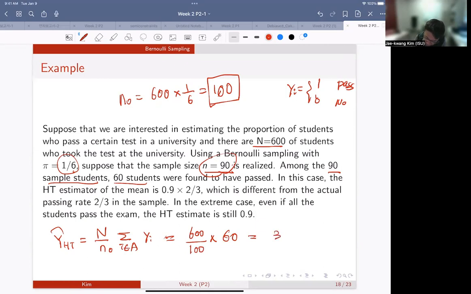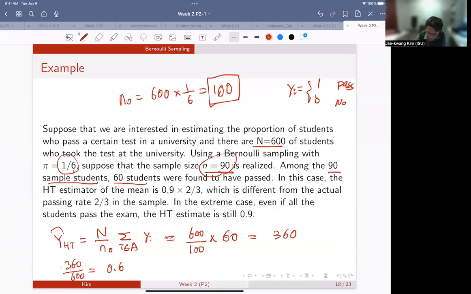So 360 people passed, divided by 600 is what? 0.6, right?